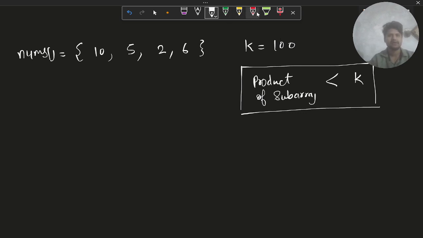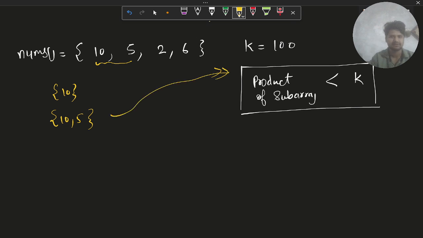If you see, 10 is a subarray, because if you do the product of all the elements, you will get 10, and 10 is less than 100, so it follows this condition. Another subarray is 10 and 5. If you do the product of these two, you'll get 10 into 5, 50, and 50 is less than 100, so this is satisfying.